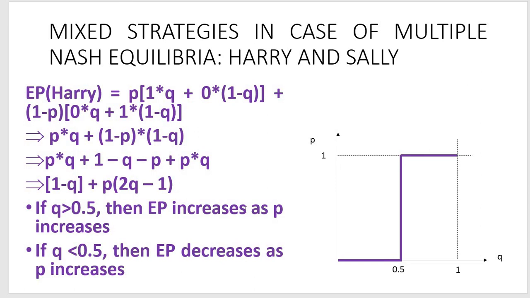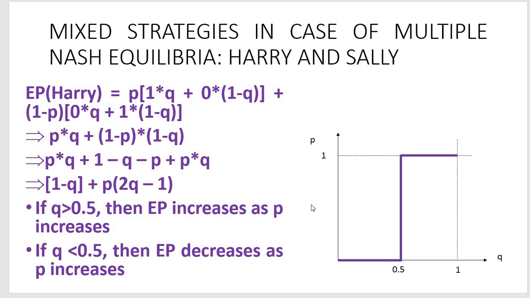As a rational player, if Q is low, so the probability that Sally will go to Starbucks is low, then for Harry the probability of going to Starbucks should be as low as possible. That's why rational Harry should keep his P as low as possible.